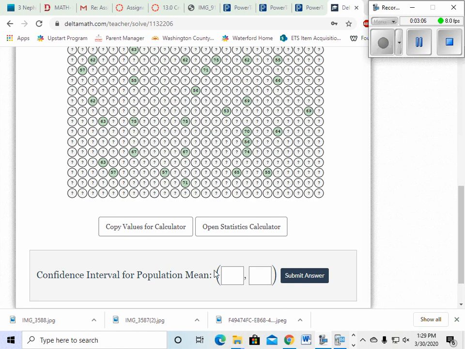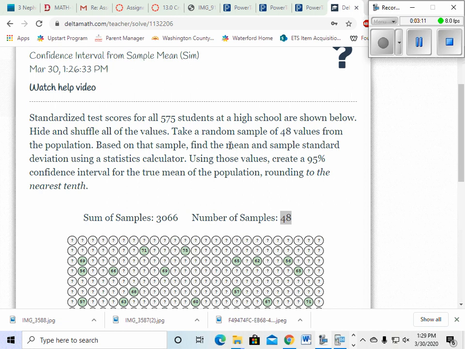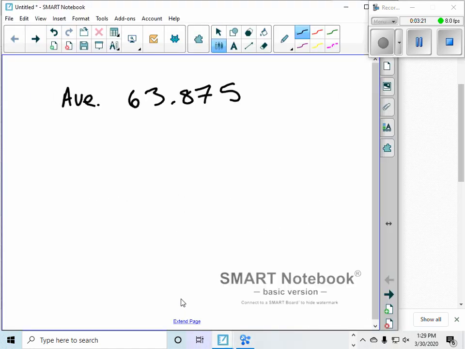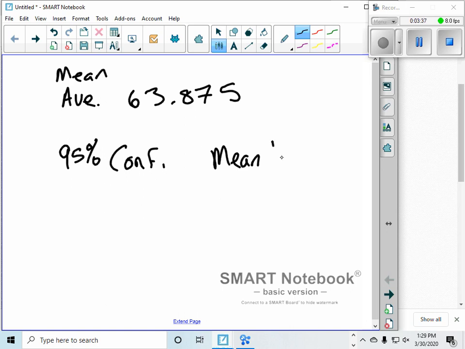Okay, now it wants me to come up with the confidence interval for the 95th percent confidence. So in order to come up with that, I'm going to have to find my margin of error. I'll take my mean, and you add and subtract your margin of error.